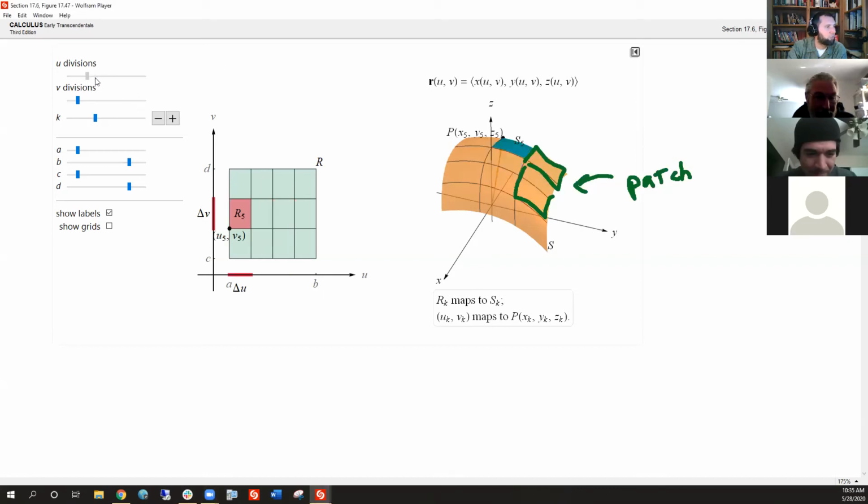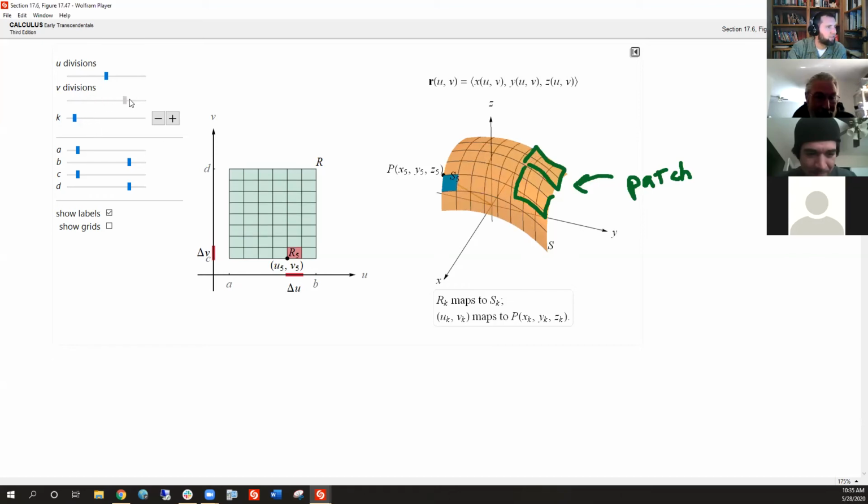More u divisions is going to give us more rectangles in the u direction, more patches. We could also increase the number of v divisions. And as you can see, the more patches, the better approximation for the actual surface we're going to get.